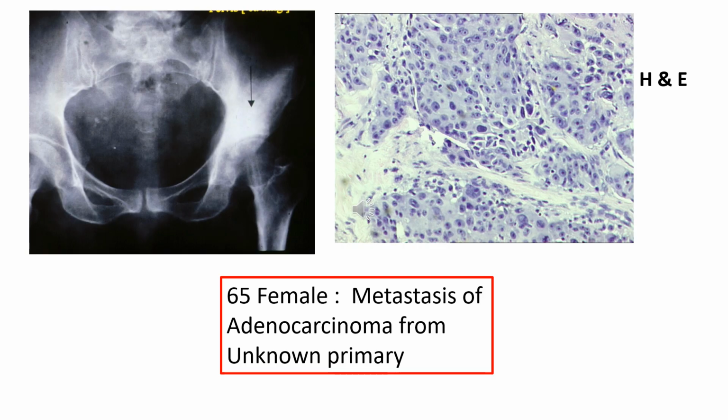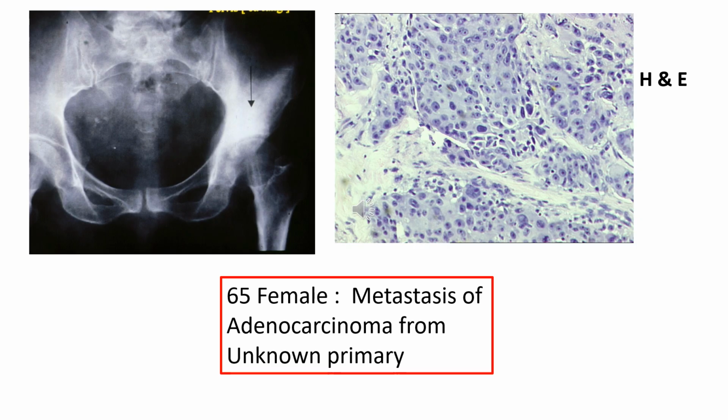Now look at this 65-year-old female who has a lesion in the hip bone. It looks osteoblastic. Now in a woman of that age, the first thought which would come to your mind is not an osteosarcoma, despite the lesion being osteoblastic. The first thought which would come to your mind is metastatic deposits.